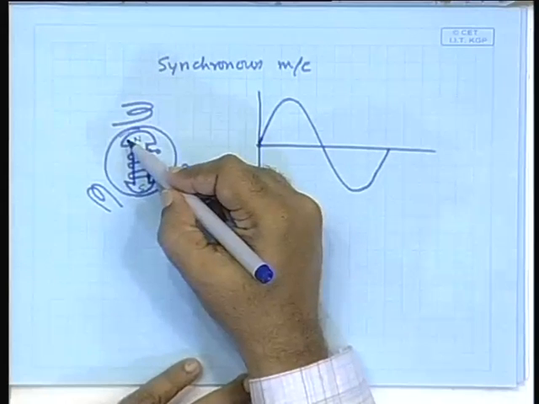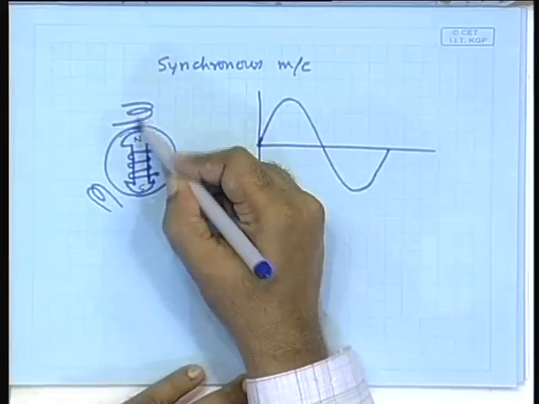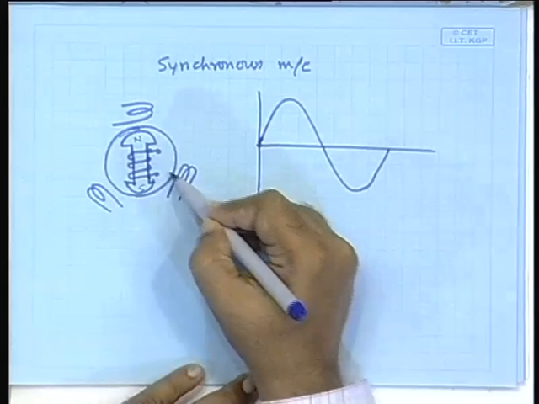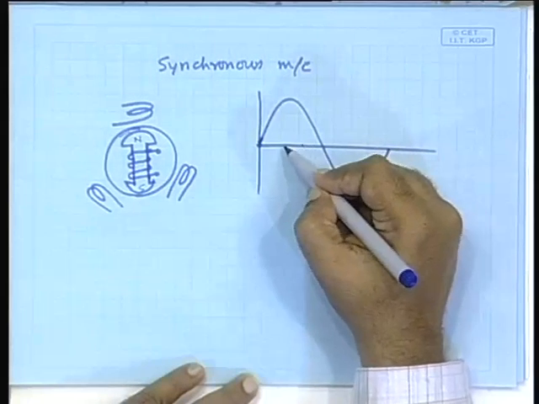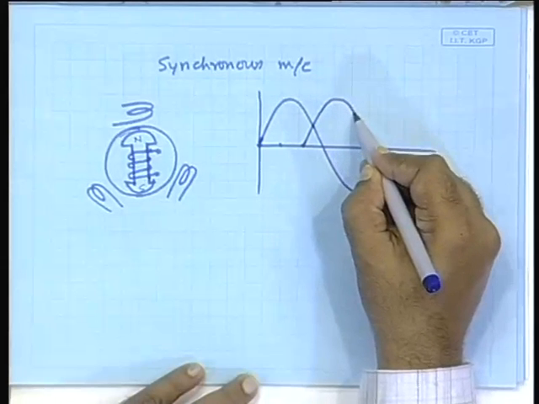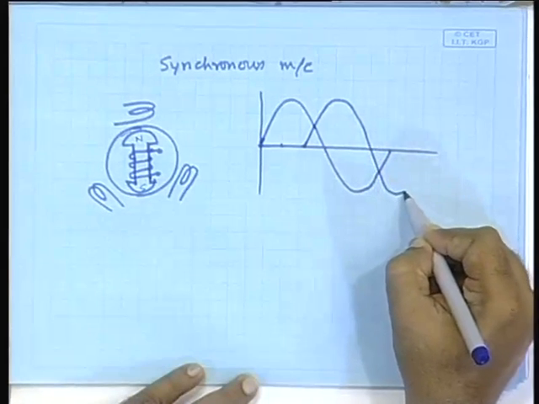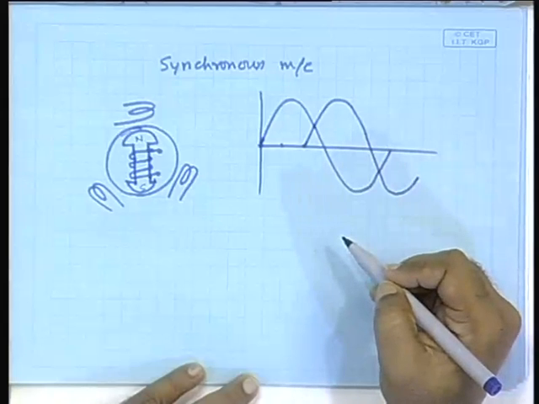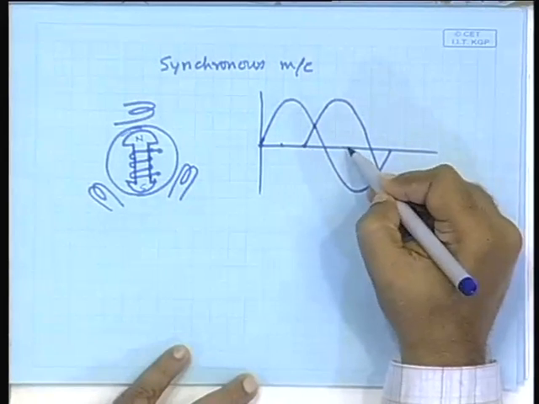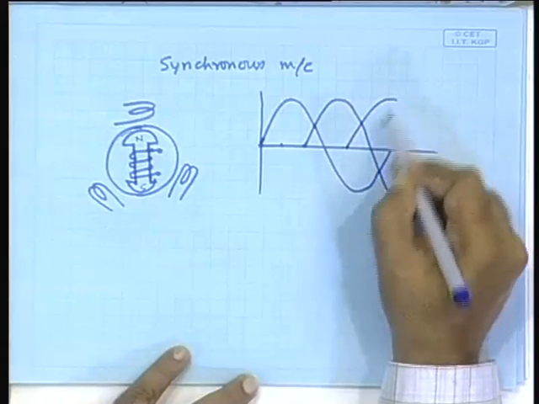The next one, this north pole, when it is under this one, after 120 degrees it comes to this winding, and so that will induce the same kind of voltage, 120 degrees apart. The third one will induce a voltage that will again be 120 degrees apart from that. So, it will be like this.